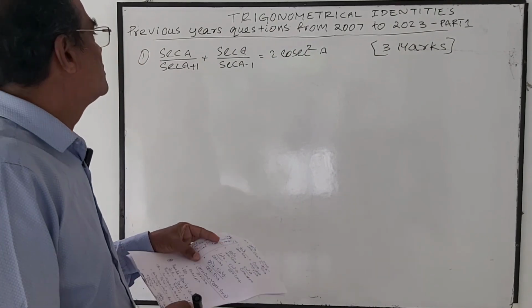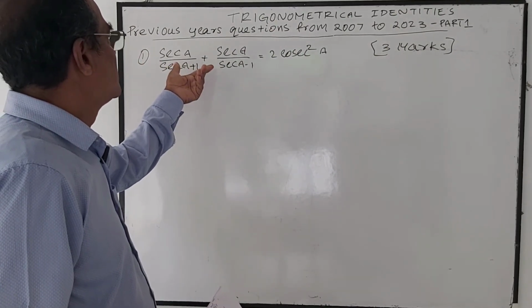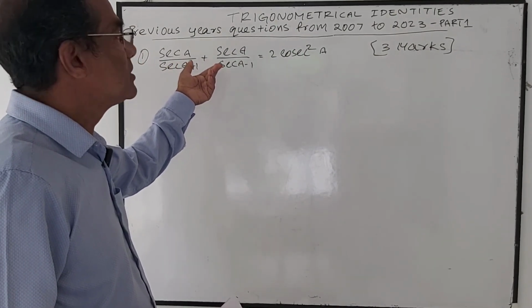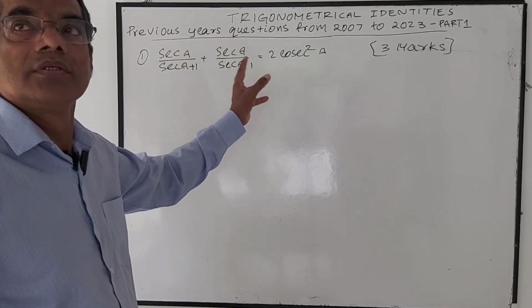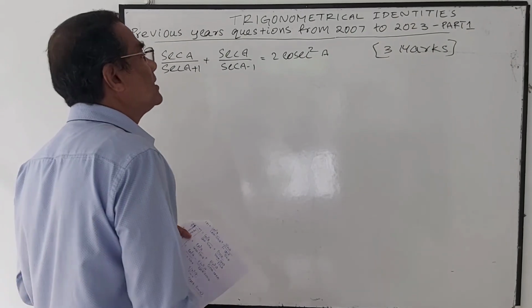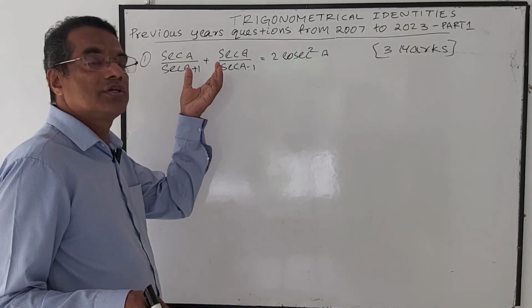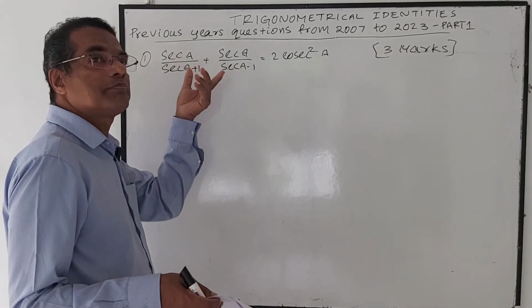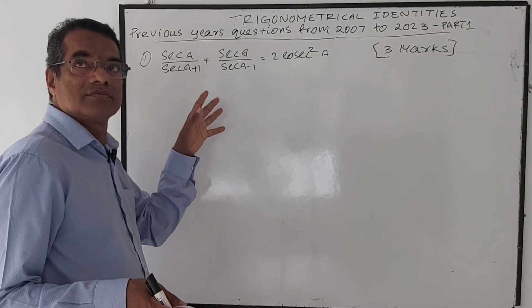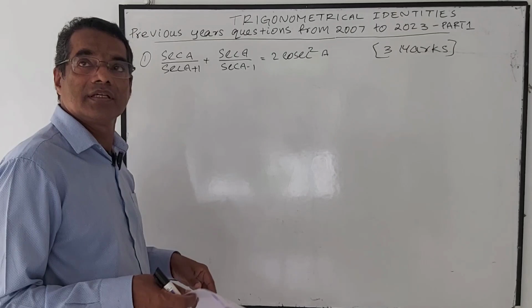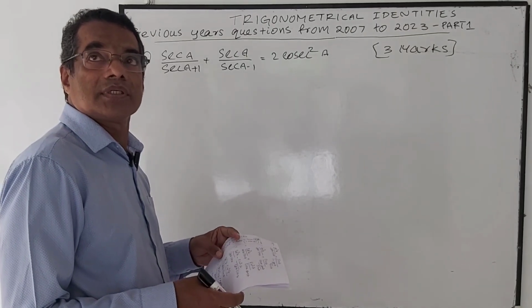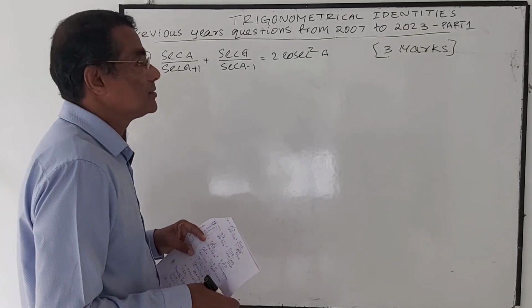So we are asked to prove the left hand side of this equation equal to the right hand side of the equation. And the easiest method is always to use the most complicated part, then simplify it and arrive at the other side.